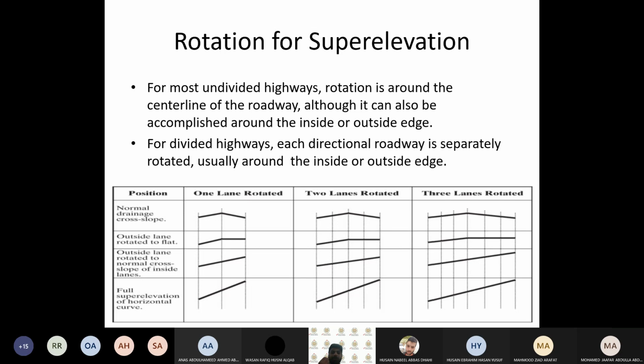Rotation around the center line means the elevation of the center line will not change. You will increase the elevation of the outside edge and decrease the elevation of the inside edge, but the center line will remain at its place. The same if I say rotation around the outside edge: the outside edge will not change its elevation, and you will reduce the elevation of the center line and the inside edge, and vice versa.